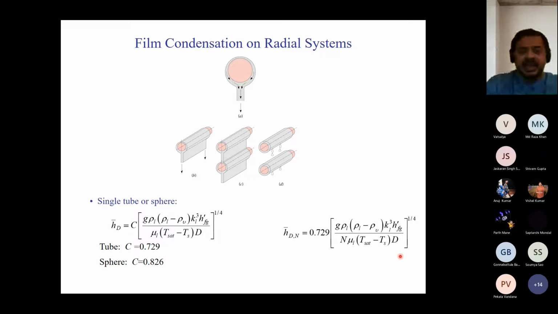As you can see, it is identical to that of a single tube, except there is a capital N, the number of tubes, at the bottom. This is the average heat transfer coefficient over a bank of N tubes aligned vertically.